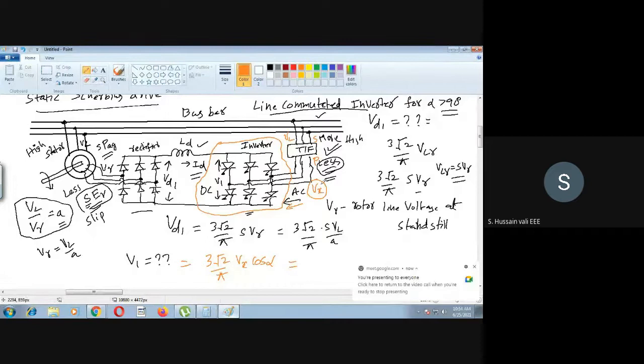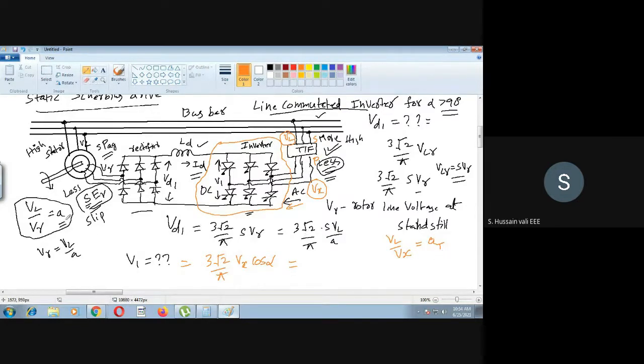The primary side voltage is Vx and the secondary side voltage is VL, directly connected to the bus bar, the same voltage we are giving to the stator. We will assume the ratio VL by Vx is equal to AT, the turns ratio of the transformer.